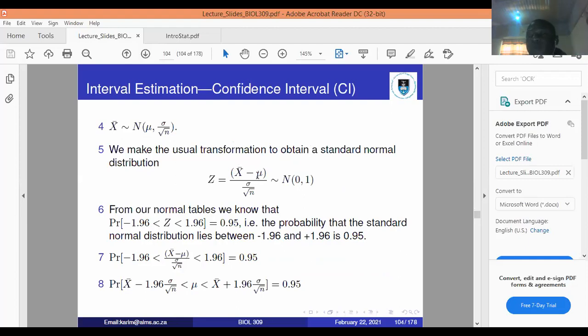Remember, when we're dealing with individual values, we say x minus the mean, but this time we are using the mean of the sample, not the value. So it is the mean of the sample minus the mean of the population, divided by the standard deviation. Now the standard deviation is no longer just sigma, but sigma divided by the square root of n.